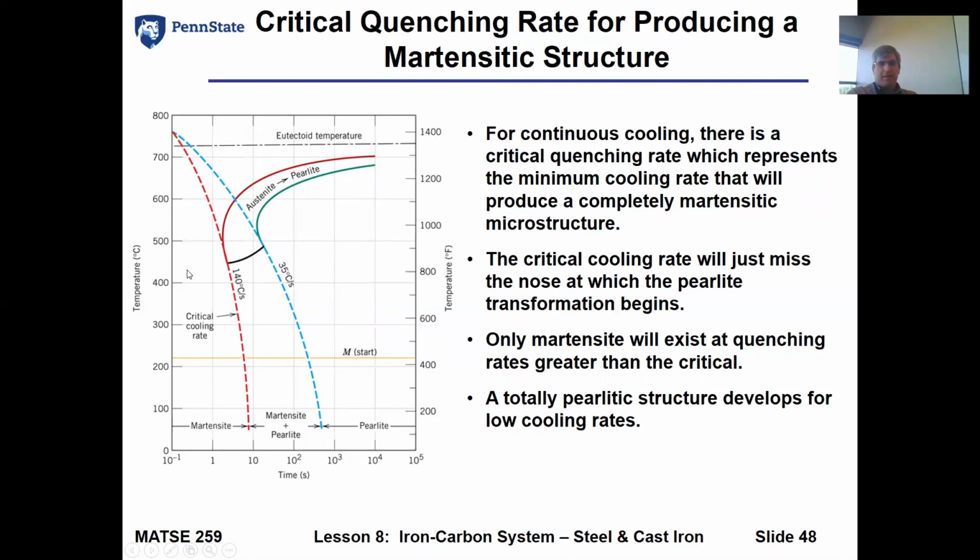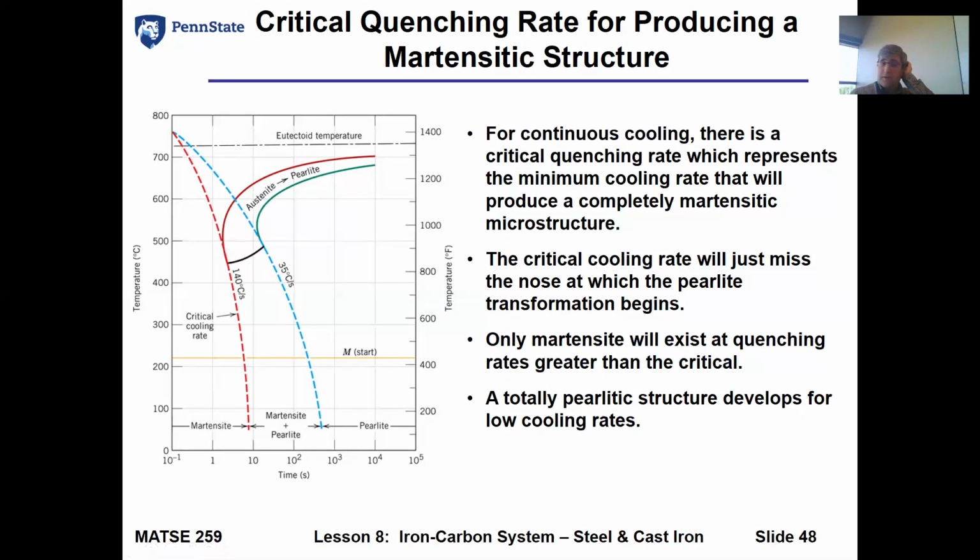If we're to the left of that nose of that curve, we are at a higher cooling rate than what we would need to form any pearlite at all. So at any cooling rate greater than 140 degrees C per second, we have 100% martensite. Now, we can also think in terms of a critical cooling rate of where we would start to not have a purely pearlitic structure.